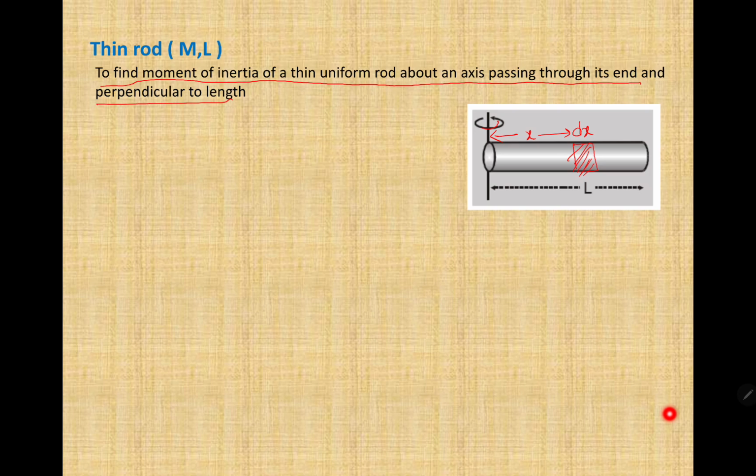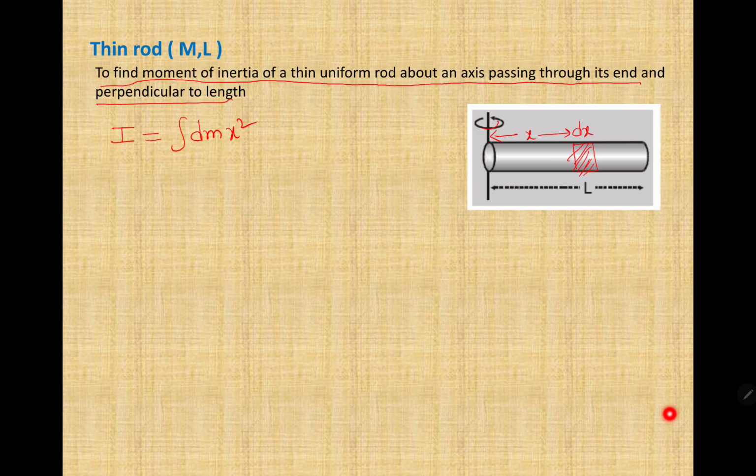Now to find the moment of inertia of this small part about the given axis of rotation, this is the formula: I equal to integration of dm into x square. This is the formula to find the moment of inertia of a rigid body about the given axis. Then how to find dm? Very easy.